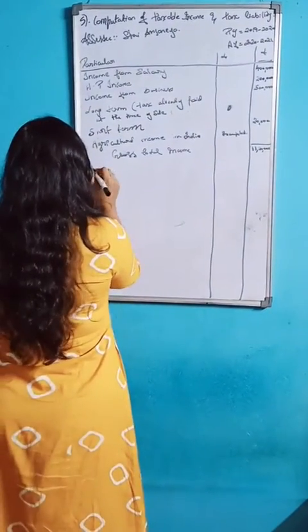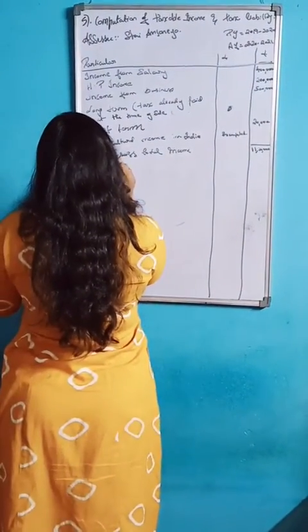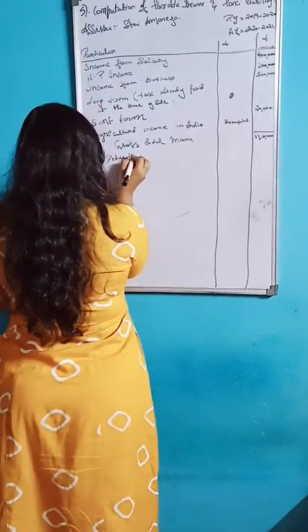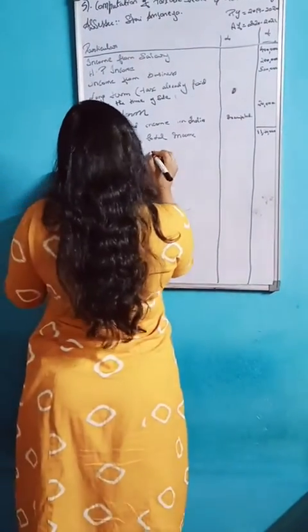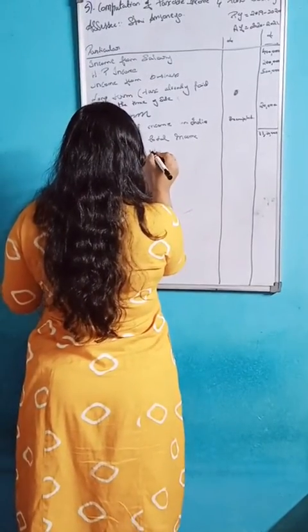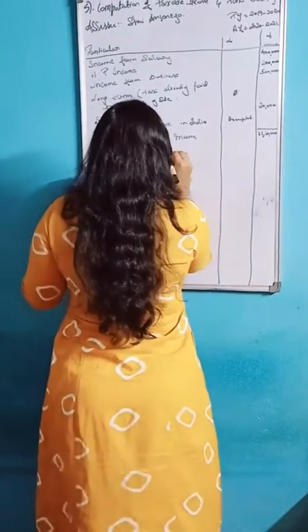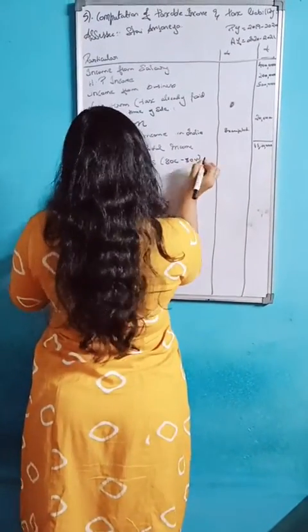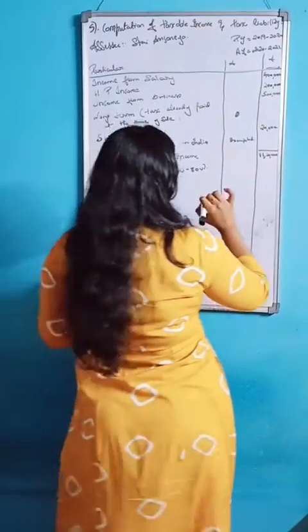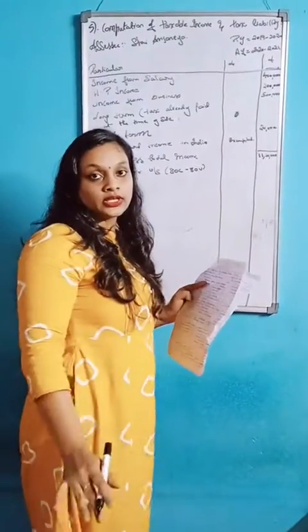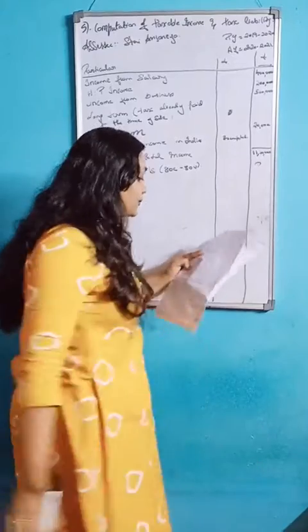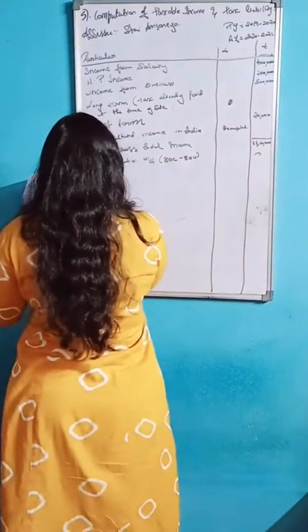So let's write: deduction under section 80C to 80U. Okay, so there is no expenses, there is no deduction, so you should put 0 because the question did not mention it.